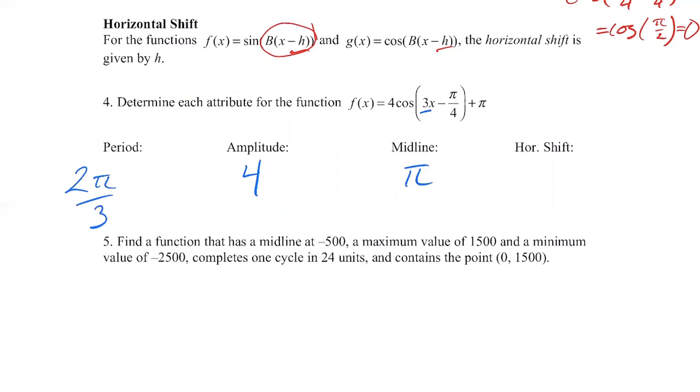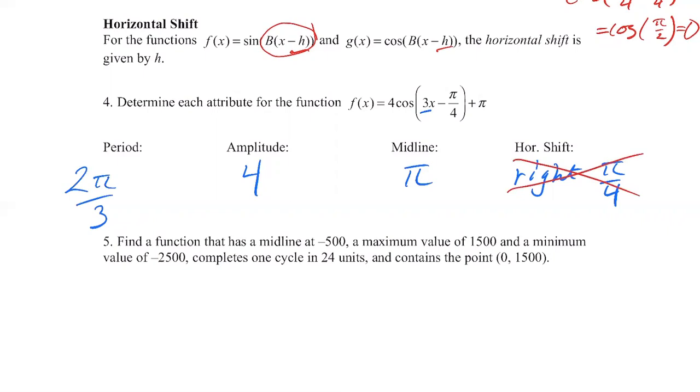Now, what's the horizontal shift? Looks like the horizontal shift here is right by pi over 4. But this is incorrect. And here's why.